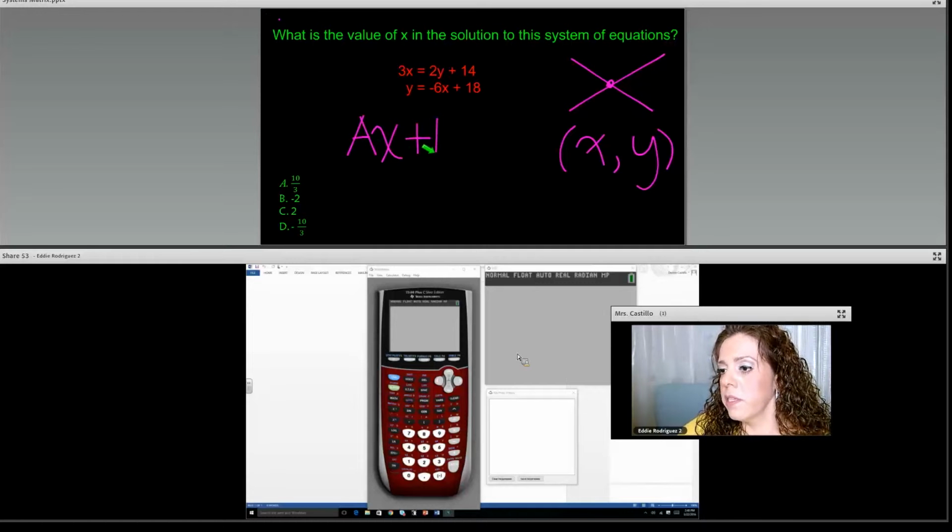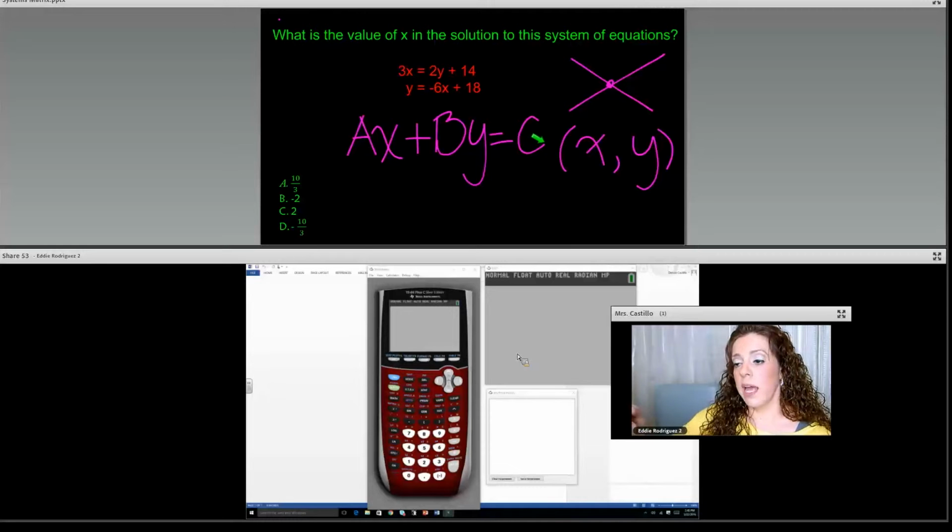So here you'll notice that both of these are not in standard form. And in case you forget, this standard form of a linear equation is on your math formula chart.